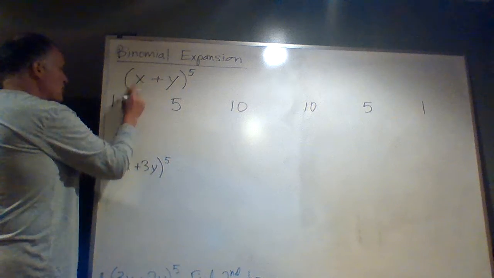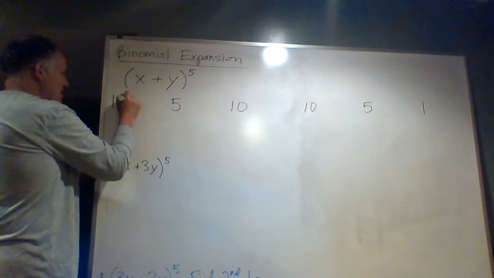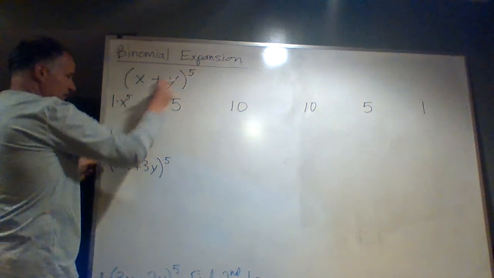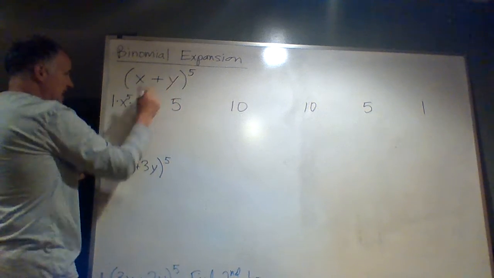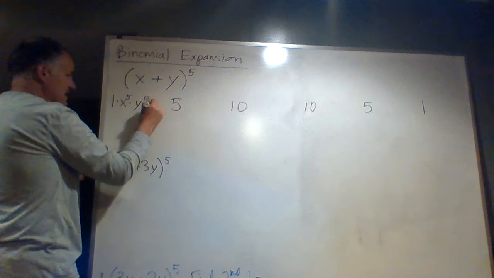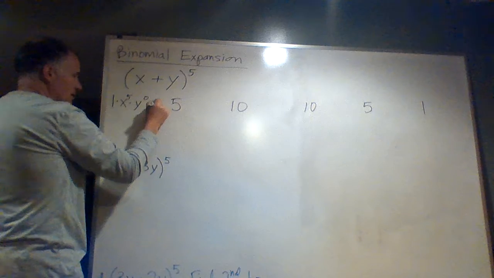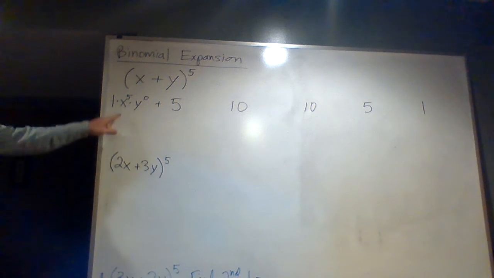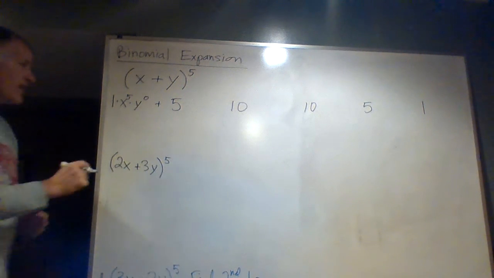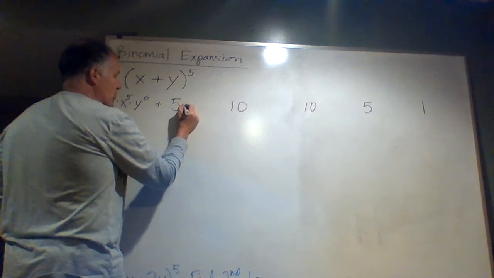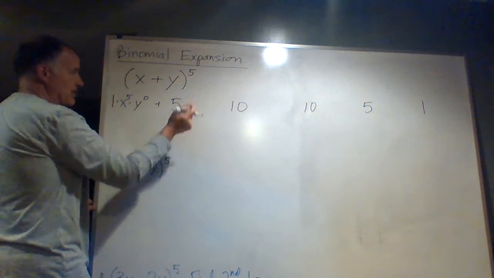Remember, guys, what we do, the first term gets that power, 5. The second term gets 0. Okay? So x to the 5, y to the 0. And then remember, we just go in descending order. Now, I'm going to put a plus sign there to separate the terms.